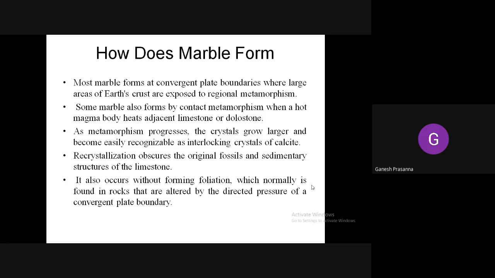During this recrystallization, the original fossils and the sedimentary structures may be preserved, or if the heat is too high, they will be devoid. It will diminish the fossils and the sedimentary structures.